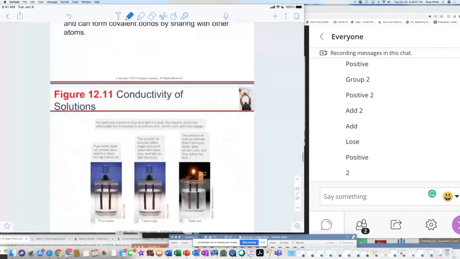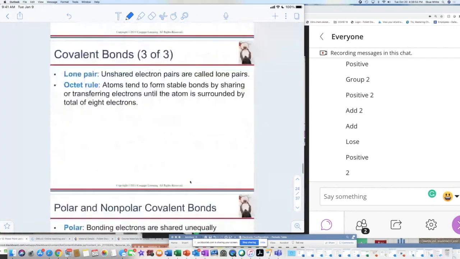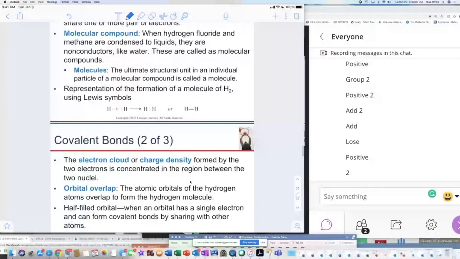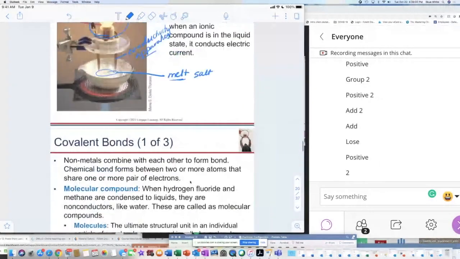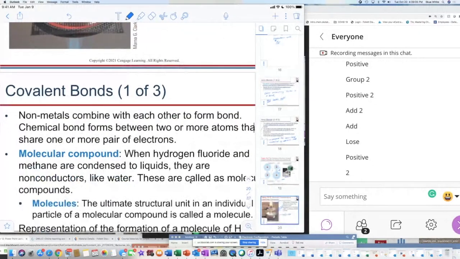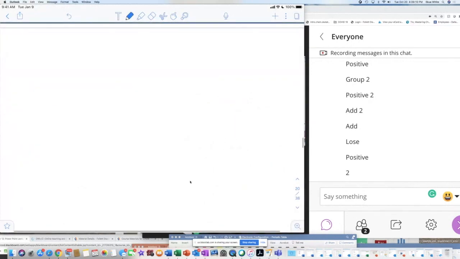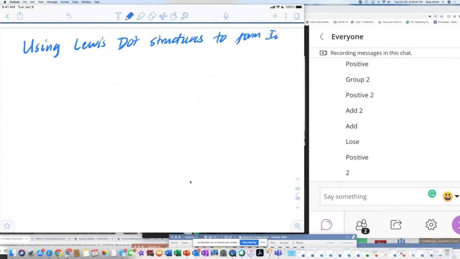So let me check real quick, because I know what's in your homework. What they failed to do here, let me go ahead and do that, because I do have it as a list of things before we go into covalent bonds, is to use Lewis dot structures to form ionic compounds.